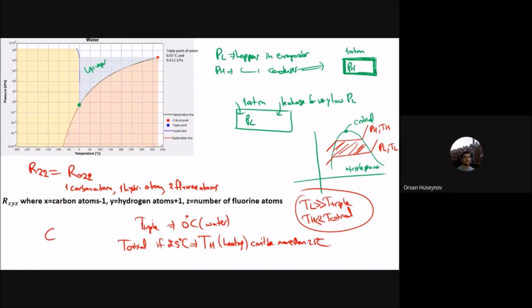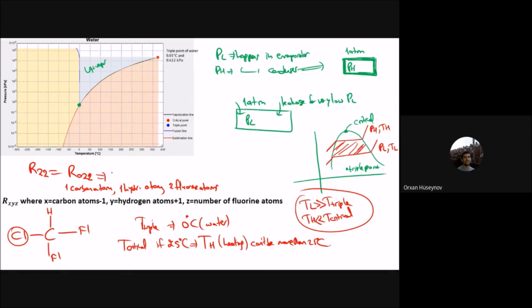Okay, so you can see one carbon atom, one hydrogen and 2 fluorine. A carbon can create 4 bonds, so one bond will be with hydrogen and the other 2 bonds will be with fluorine. One bond is not there, so it means there should be chlorine here. So there is chlorine, hydrogen and fluorine.